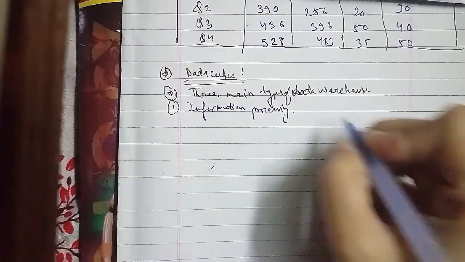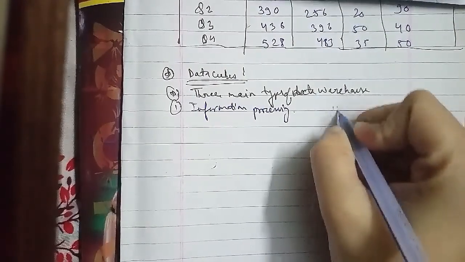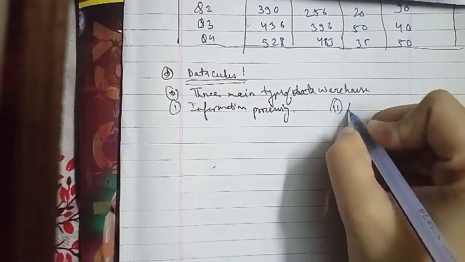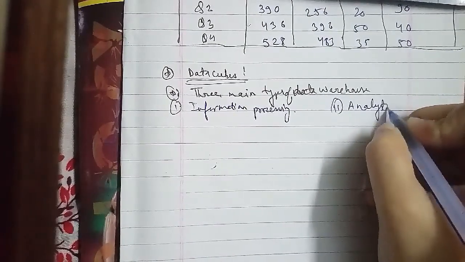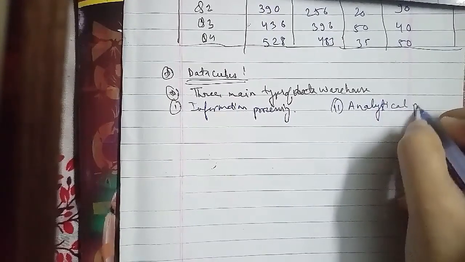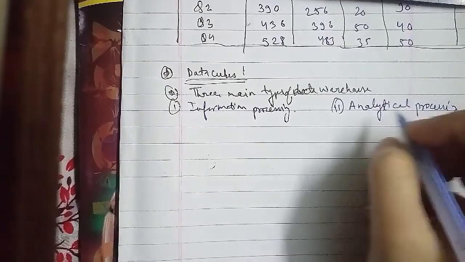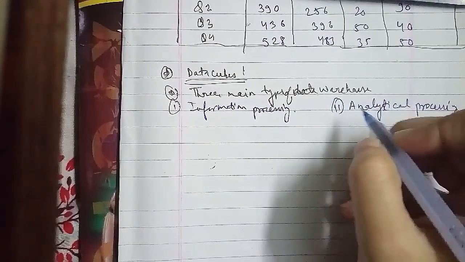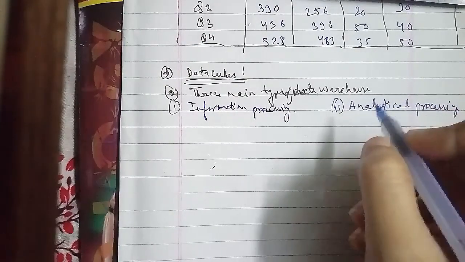The second one we have here is analytical processing. Analytical processing supports various online analytical processing operations such as drill down, roll up, and pivoting.